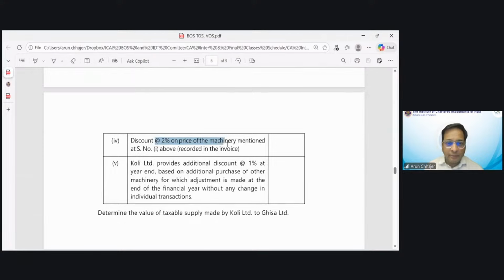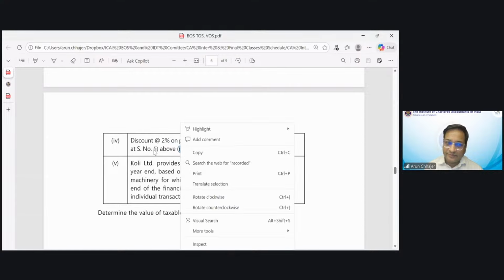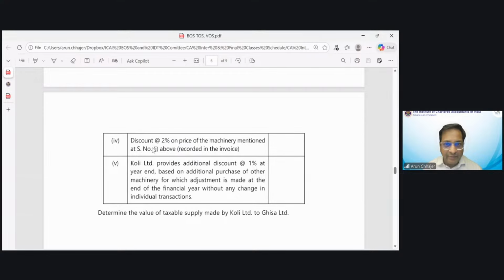Discount 2% on the price of the machine recorded in the invoice. Will it be added, will it be reduced, or nothing to be done? The answer is it will be reduced.